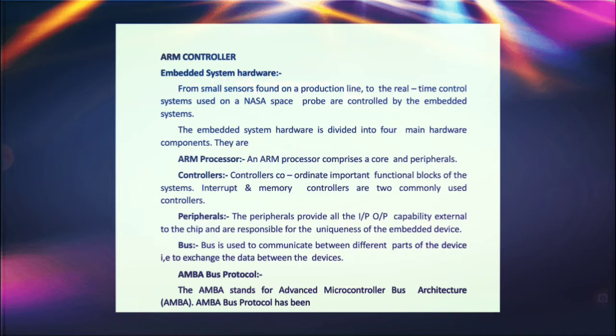Peripherals provide all the input-output capability external to the chip and are responsible for the uniqueness of the embedded device. Bus is used to communicate between different parts of the device, that is to exchange the data between the devices.